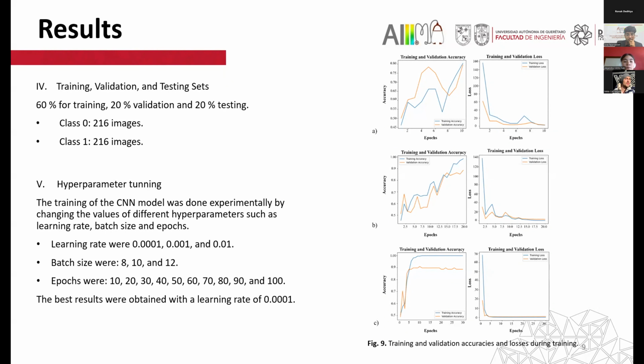The training of the model was also done experimentally by changing the values of different hyperparameters such as learning rate, batch size, and epochs. During these experiments, we generated some graphics which describe the accuracy and loss behavior of the training and validation sets. The validation set is represented by the orange graph, and the training set by the blue graph.